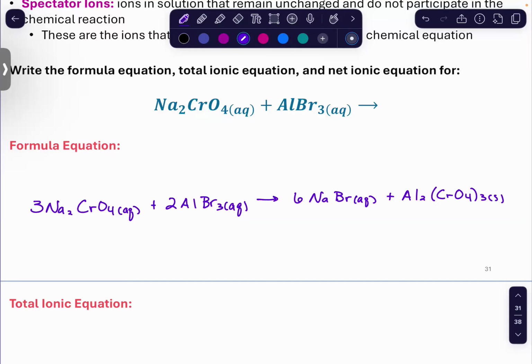That's our formula equation. Make sure I got all the numbers right. I think I do. Now, the next thing is the total ionic equation.